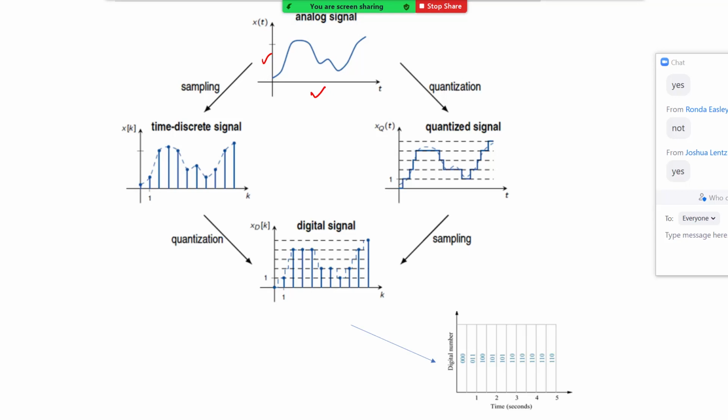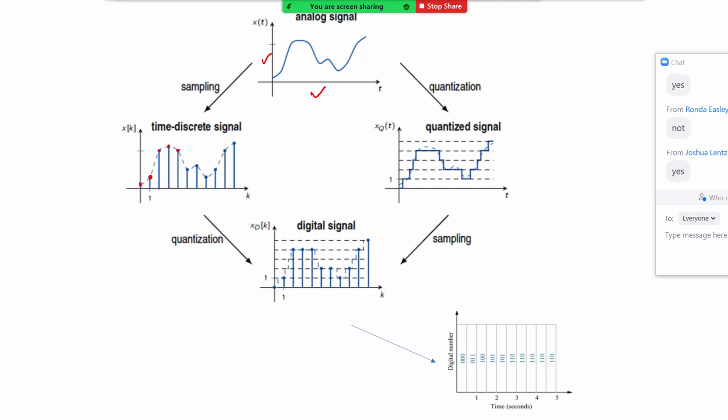Now I can take the signal and sample the signal. Now the signal is continuous in the magnitude. The magnitude can take on any value, but the signal is only defined at discrete instances in time. Now also I can take this signal and I can quantize it.